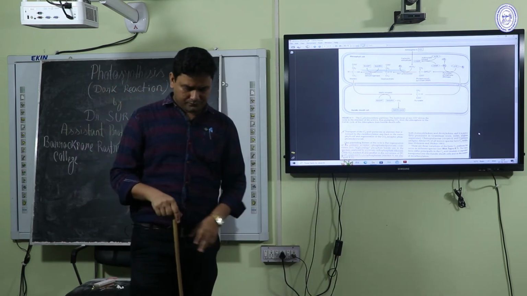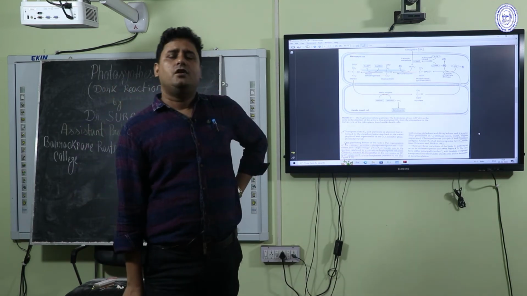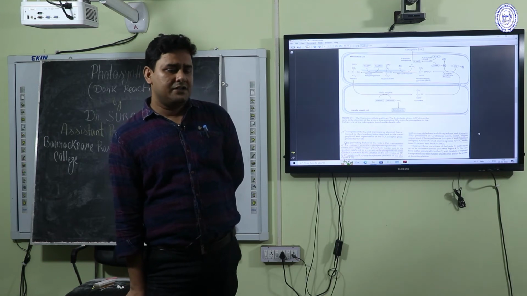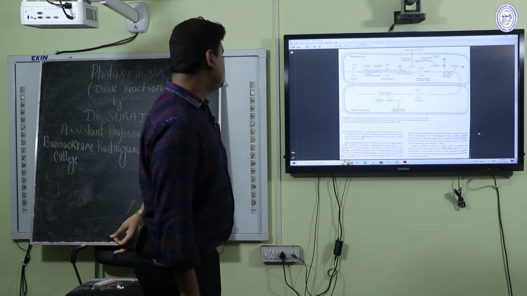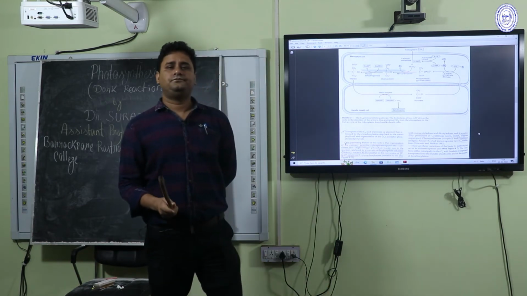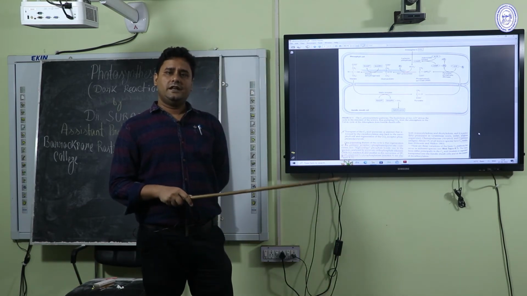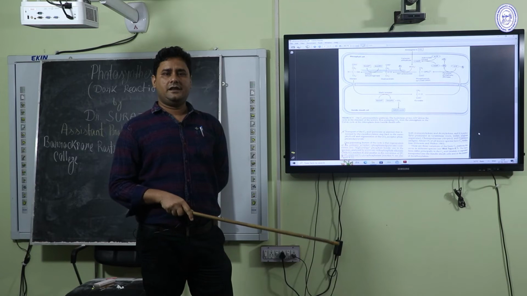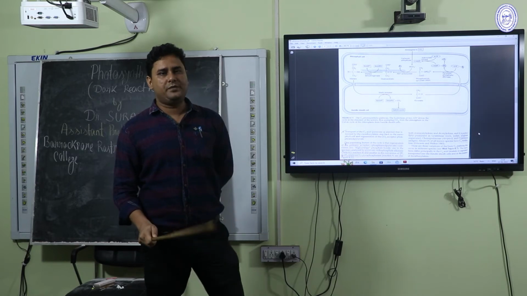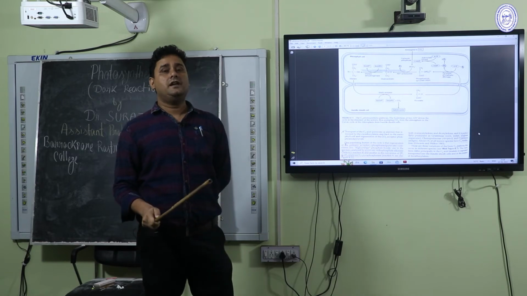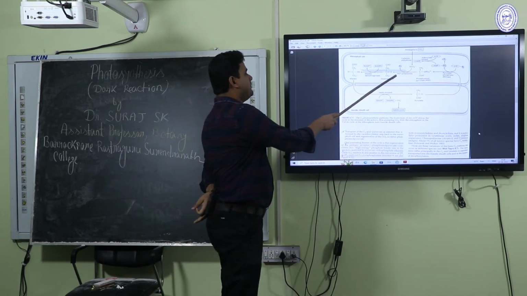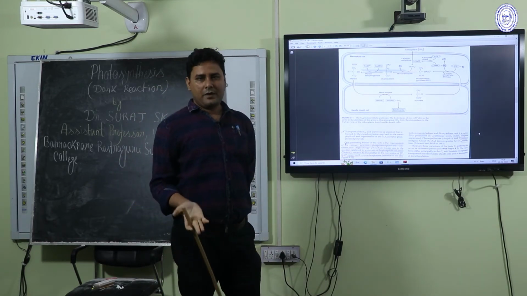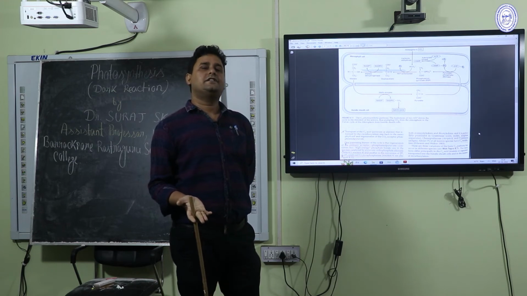and I want to mention the difference between the C3 and C4 cycles here. Actually, in the C3 cycle, RuBP was the CO2 acceptor. Here PEP, phosphoenol pyruvate, is the CO2 acceptor.